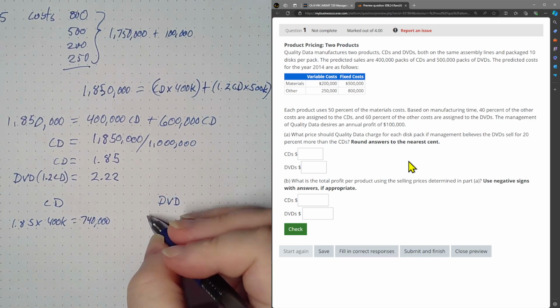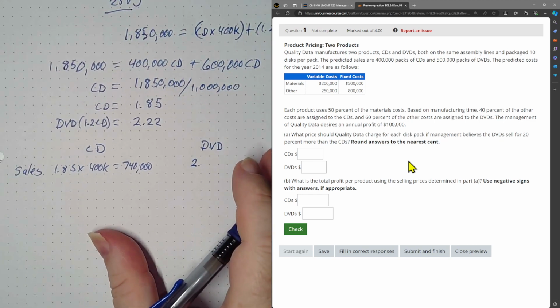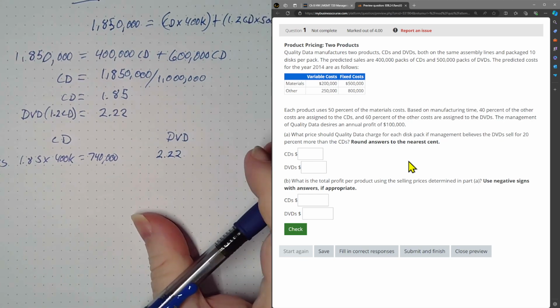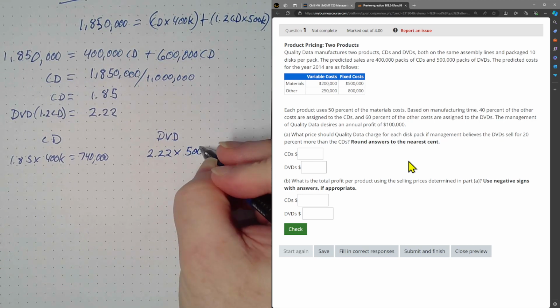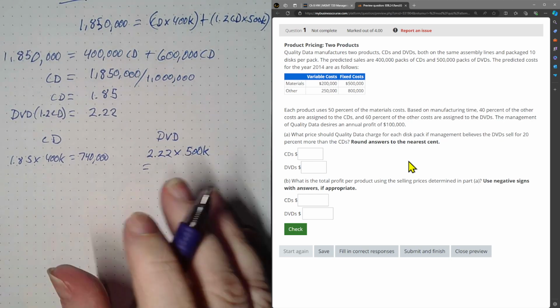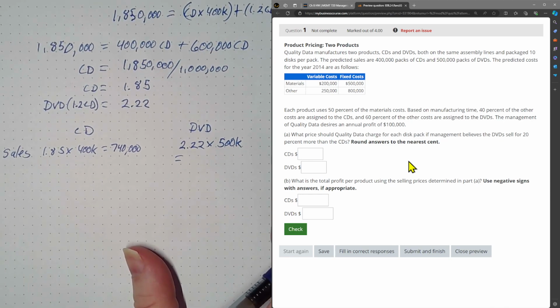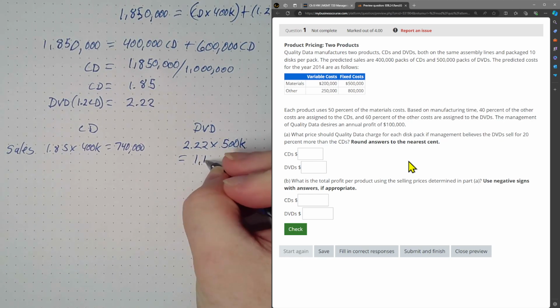For DVDs, it's going to be 2.22 times 500K, which equals $1.11 million.